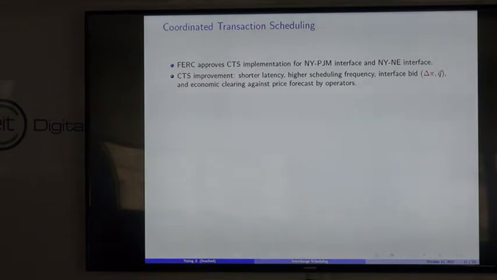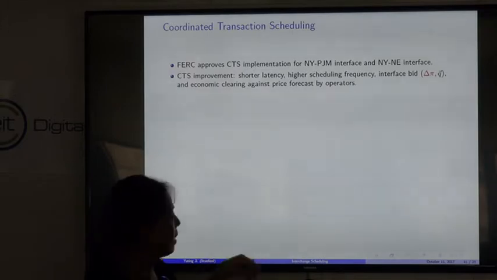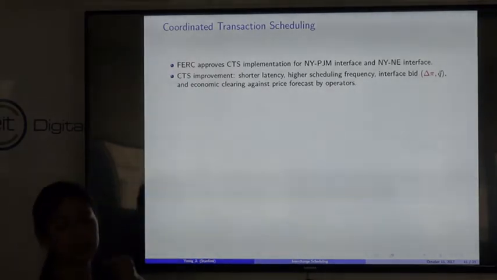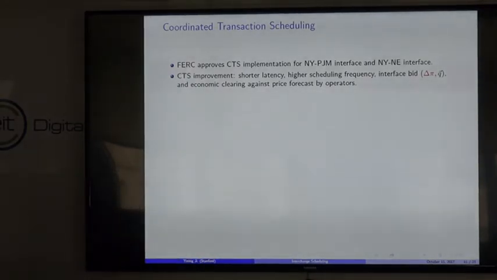Also, previously, the market participant needed to send a buy price to one operator and a sell price to the other. But now they just need to give this price difference, called delta pi, and also specify the quantity they want to send. And the clearing is done by both operators. They will pool all the requests together and then determine the schedule together.